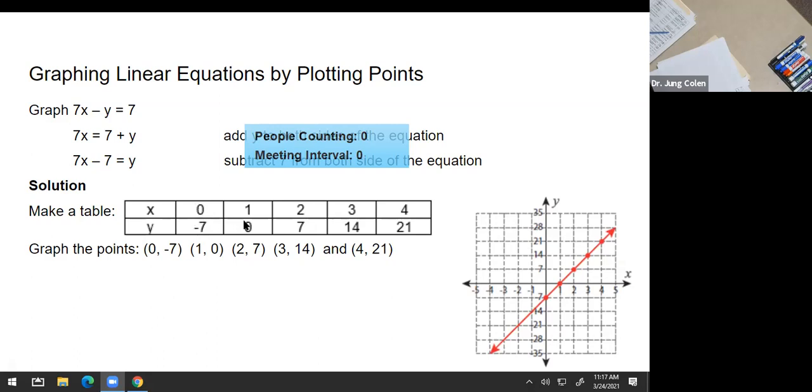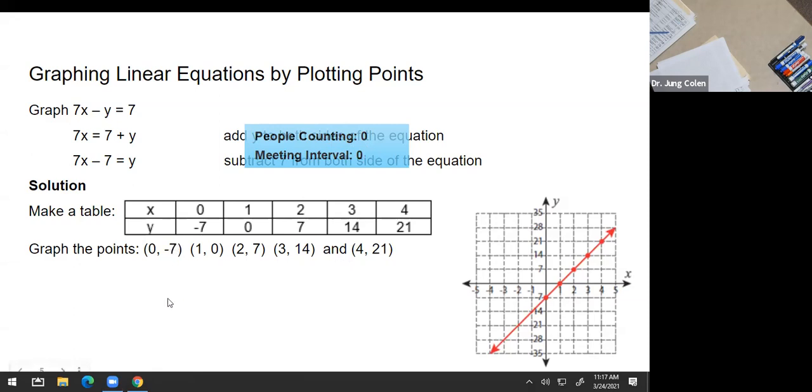Okay, then similarly, what could this one be, the x value when y is 0? What could this be? X-intercept. Okay, so that is the definition of x-intercept and y-intercept. So here's the definition of y-intercept.